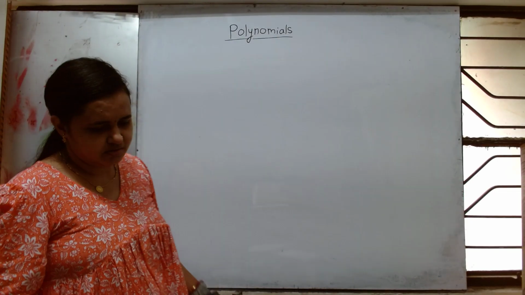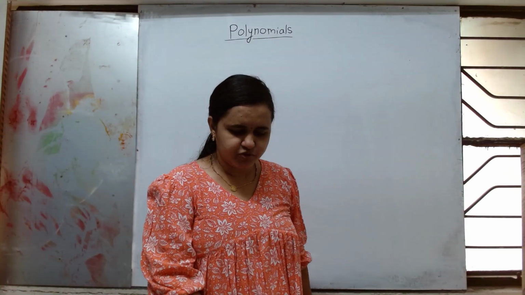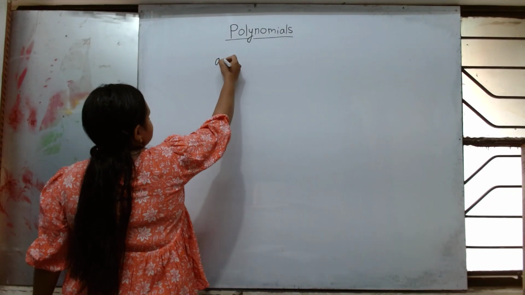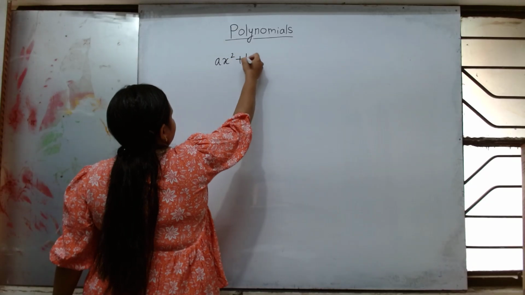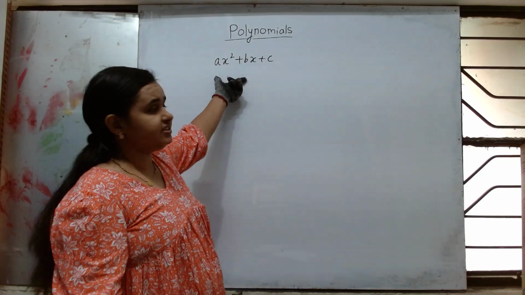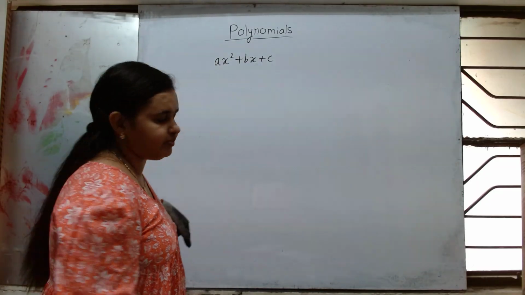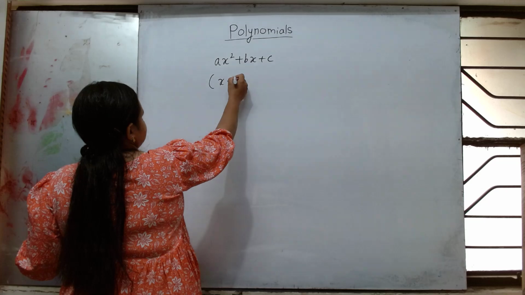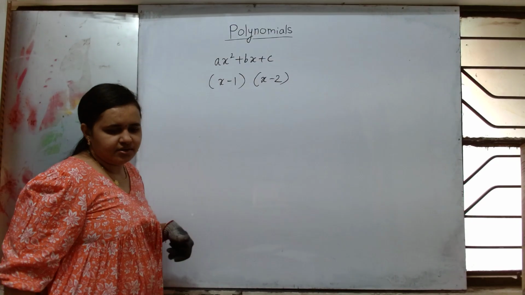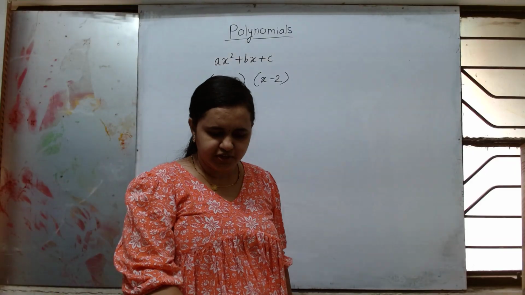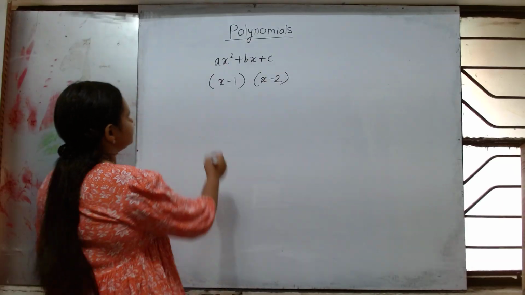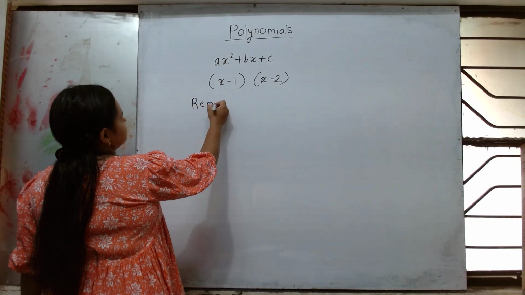Now the 16th one. If f of x is ax square plus bx plus c, it is given that this polynomial is exactly divisible by x minus 1 and x minus 2, and further it is given that it leaves remainder 6 when divided by x plus 1.